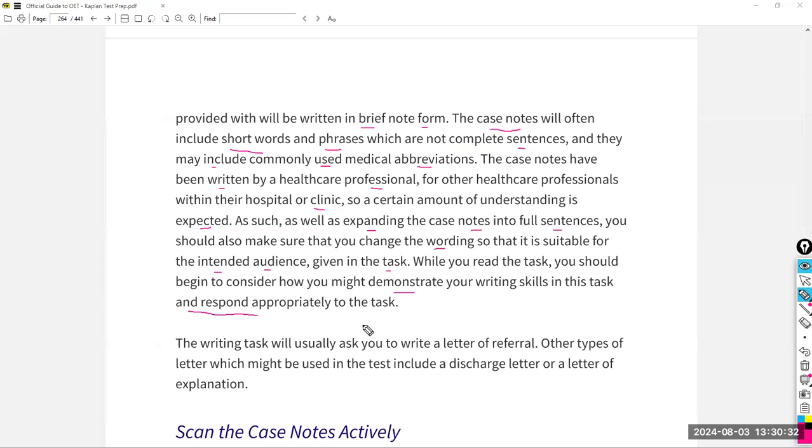Don't write the exact phrases that are mentioned in the case notes. All the time you have to paraphrase, please. This is something bad, to copy paste. The writing task will usually ask you to write a letter of referral. Other types of letter which might be used in the test include a discharge letter or a letter of explanation.